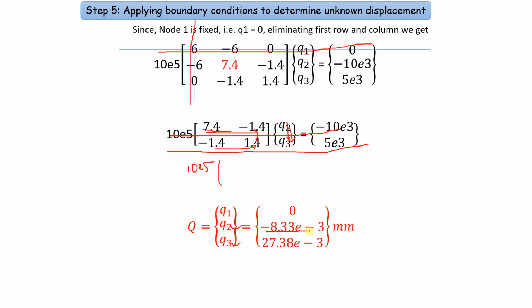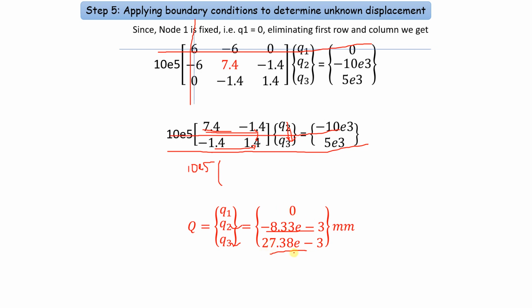Write down all those displacements here. These are the displacements once you solve these two equations: Q2 will be equal to minus 8.33 into 10 raised to minus 3, and Q3 is 27.38 into 10 raised to minus 3 mm.